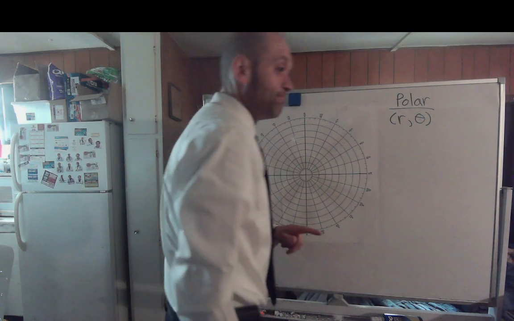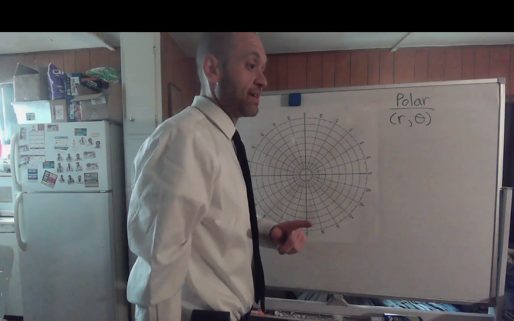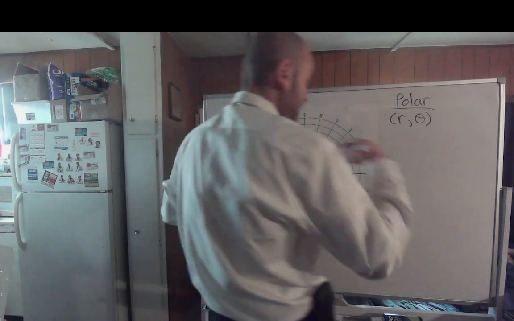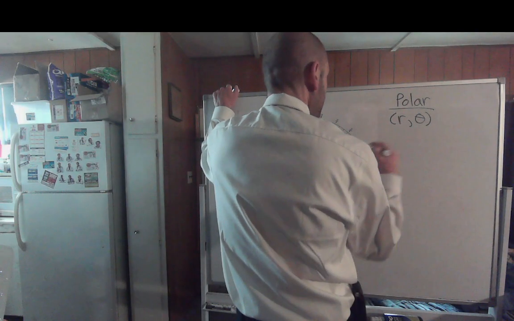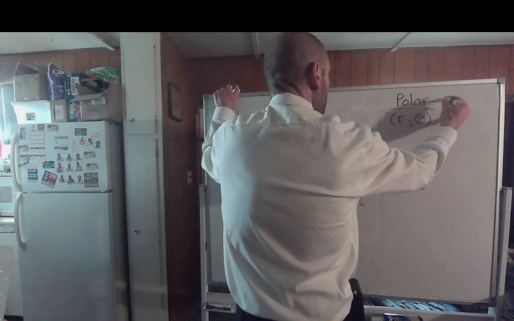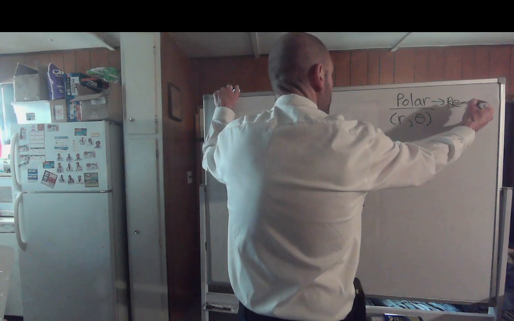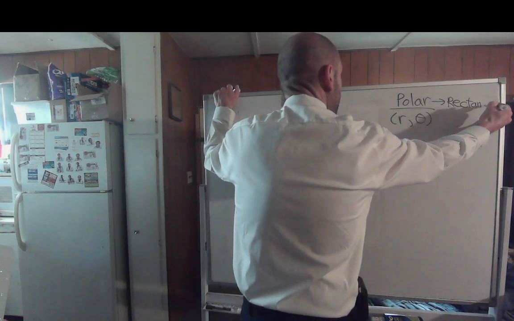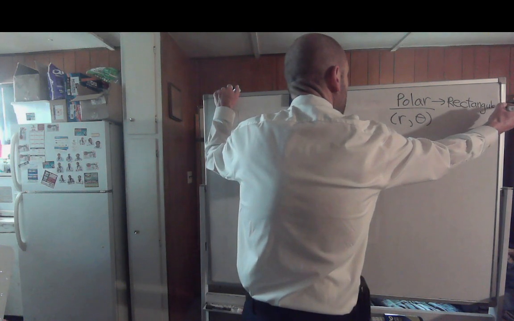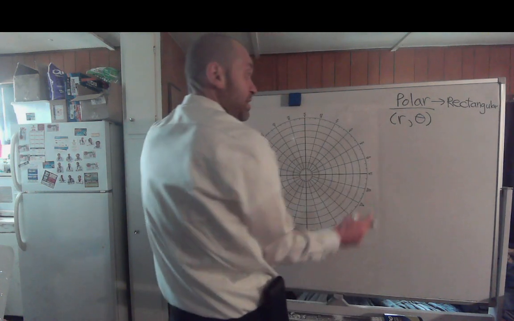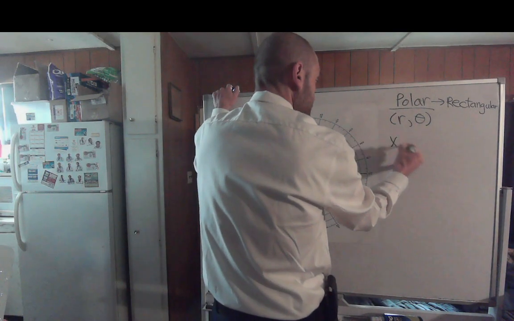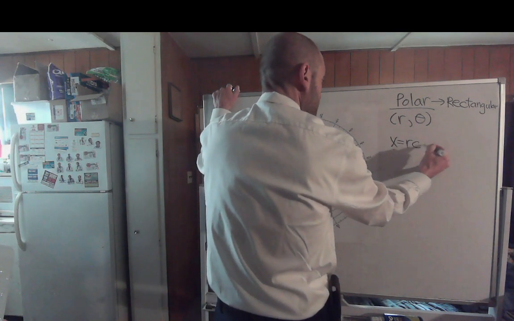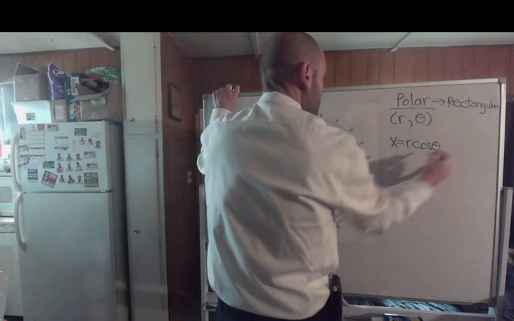Well, what's nice is that polar to rectangular is actually pretty easy. So you have r, theta in polar. Well, x is just going to be r times the cosine of theta.